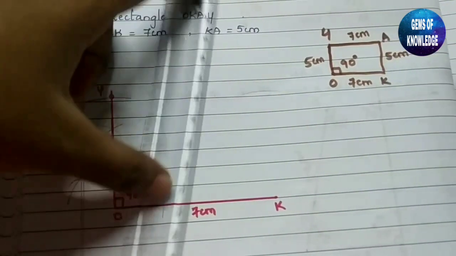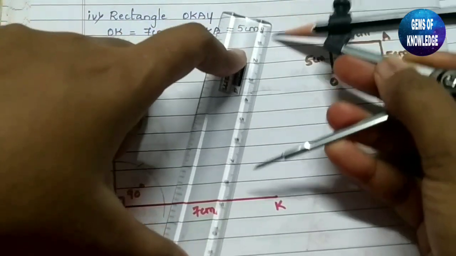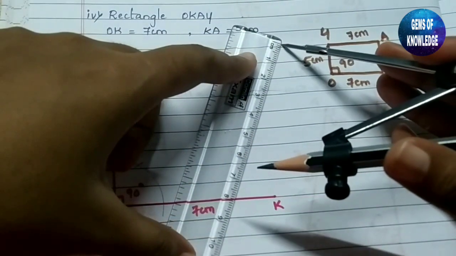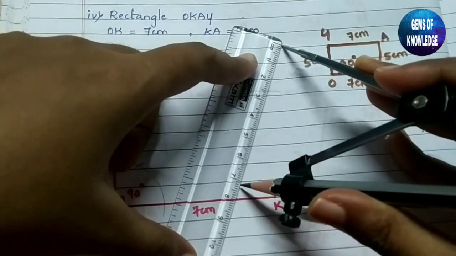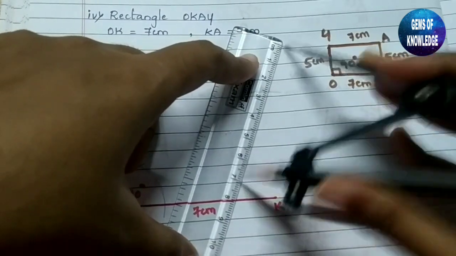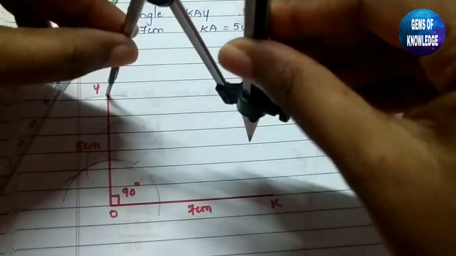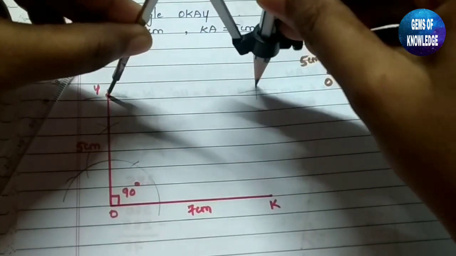So I will take a measurement of 7 centimeter here. Okay, so this is 7 centimeter, and by keeping at this point, I will cut this.